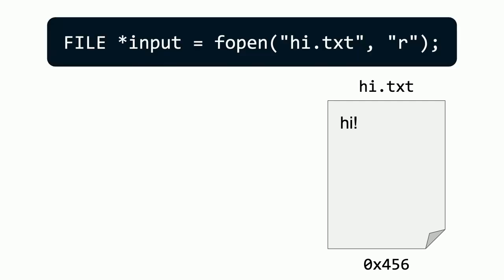And now this file is really located somewhere, of course, in memory. This file has to have a place, and let's say it's at 0x456 in memory. Now, if we want to open this file in order to read data from it, we have one way of doing it in C. For example, we could write this. We could say FILE star input gets this value of fopen hi.txt r.